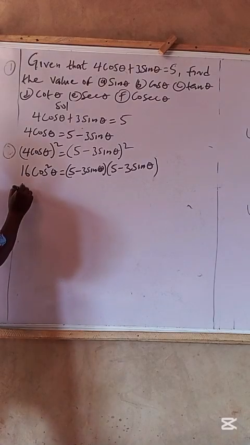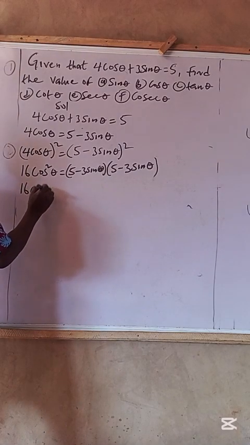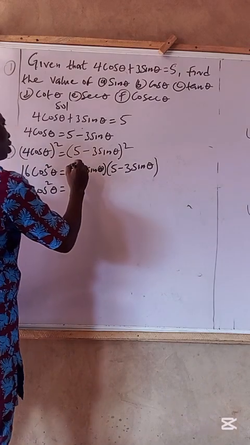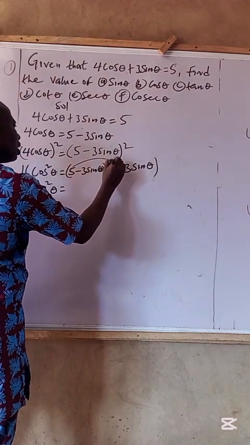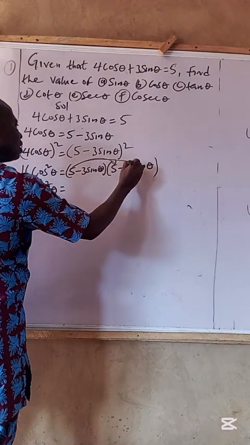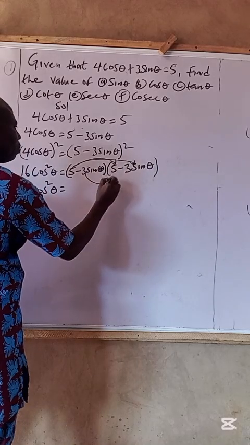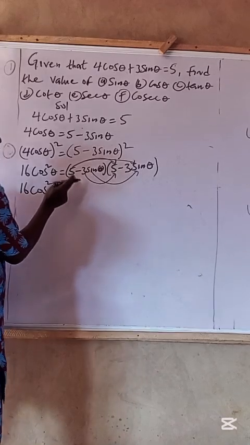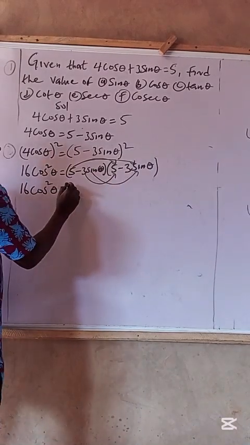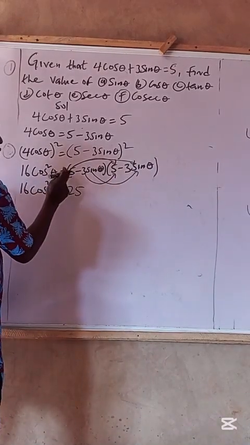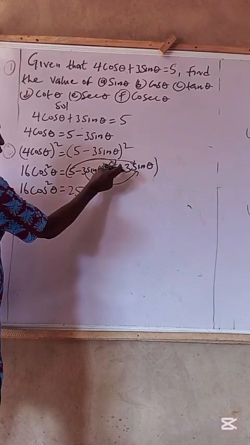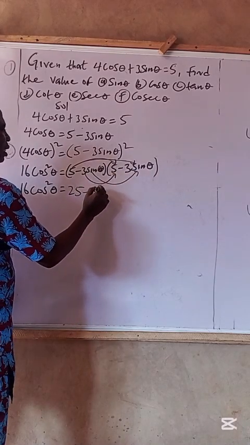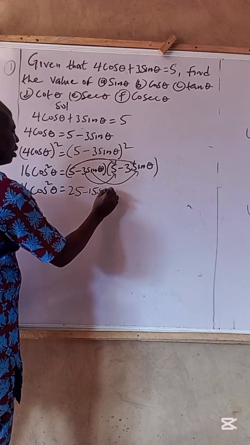Don't forget, this will multiply this and this, and come back here and multiply this too. 5 times 5 is 25. 5 times minus 3 is minus 15 sin theta.